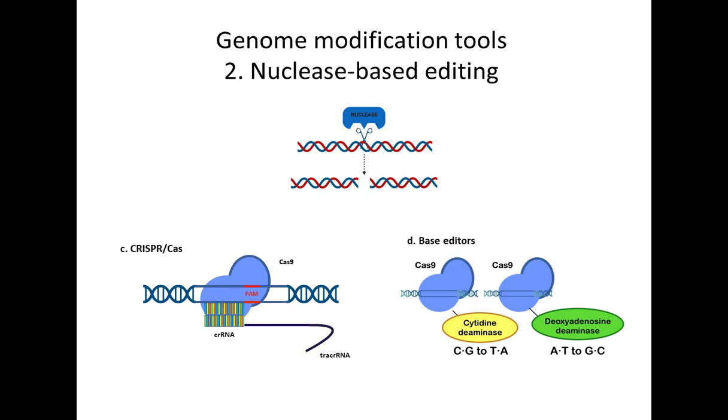An additional platform, which is a derivation of this, is the base editors, which are shown here on the right. These make use of a catalytically inactive Cas9 or Cas nuclease to target base-modifying enzymes such as cytosine deaminase or adenosine deaminase to a very specific location. So an adenosine deaminase will turn adenine into guanine, and cytosine deaminase will convert a cytosine to thymine.